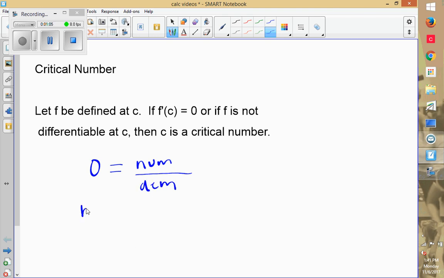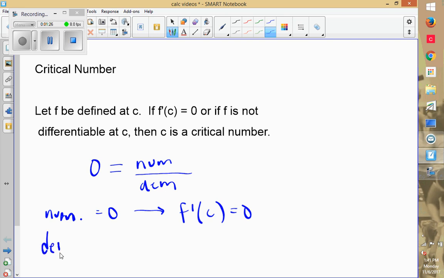So when the numerator is equal to 0, that is when f prime of c equals 0.